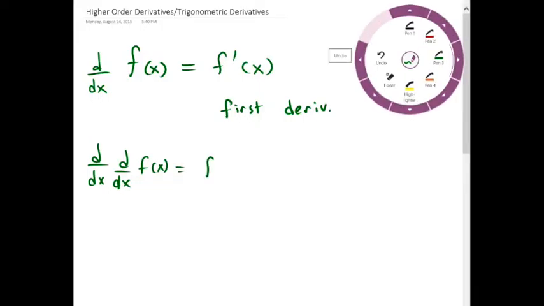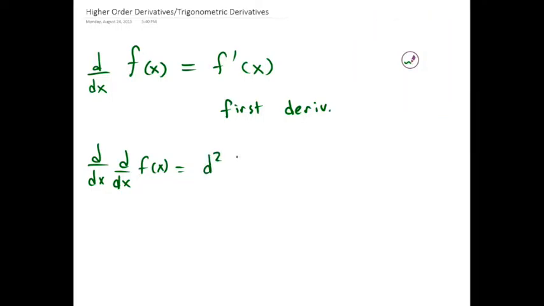And there's two ways to do the notation for this. One is d squared f dx squared. And this is just showing you that we're using the d twice, once here, and the dx twice, once here, and the f once. Another way we can write this is just f double prime.